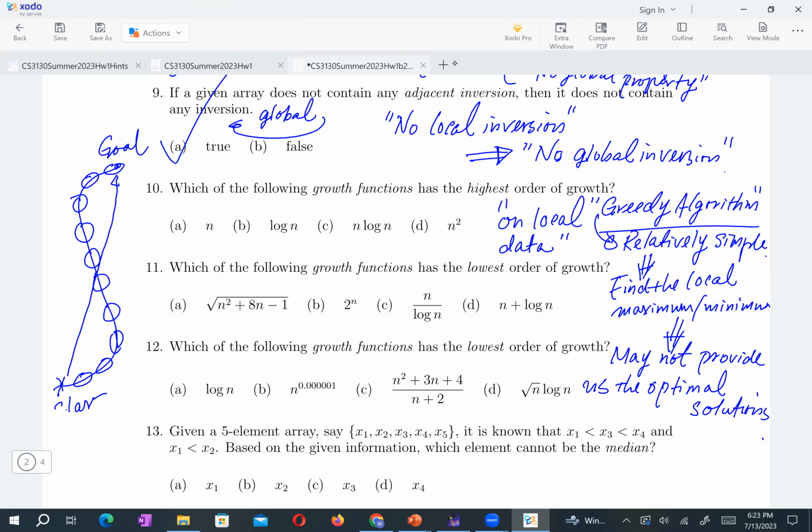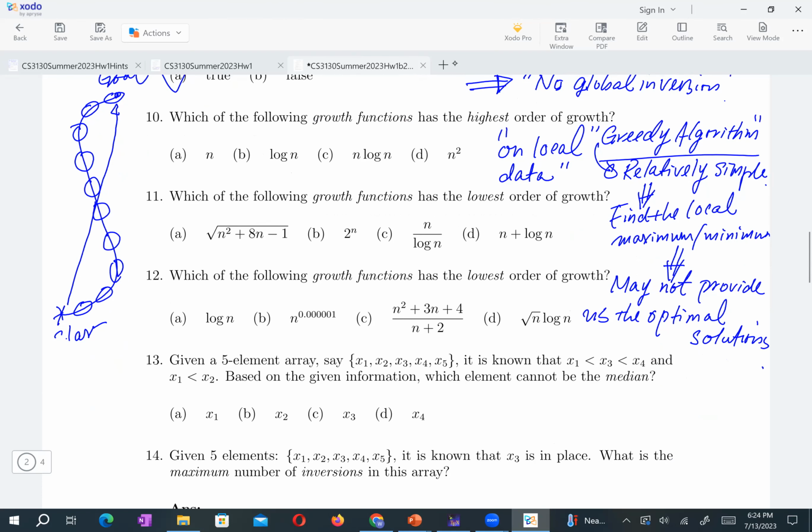Because it's simple. Local strategy is simple to apply. Global strategy is too hard, because when you consider all your data, it's hard. You only look at the local block, which is much easier.